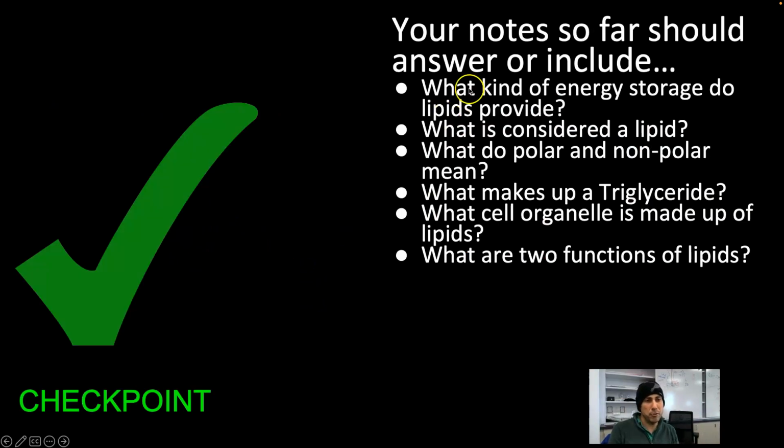So check through your notes right now. What kinds of energy storage do lipids provide? Is it long-term? Is it short-term? What is considered lipid? What are some examples? What do polar and nonpolar mean? What makes a triglyceride? What cell organelle is made up of lipids? So that organelle is a cell part. And so what cell part are we talking about that's made up of phospholipids?